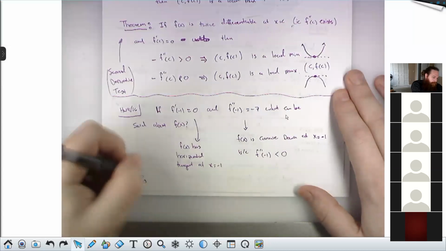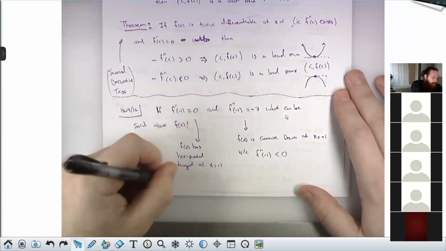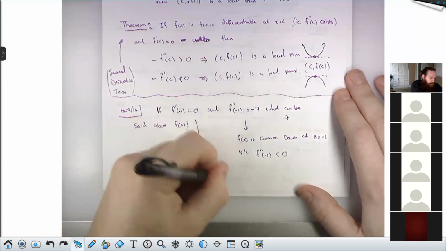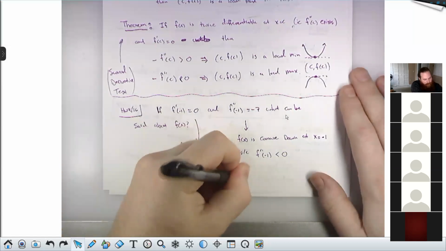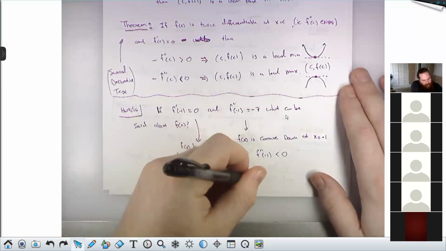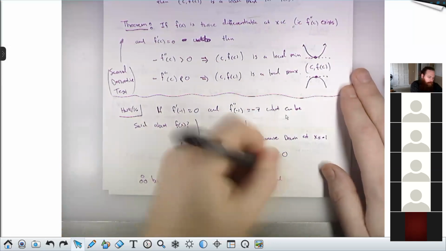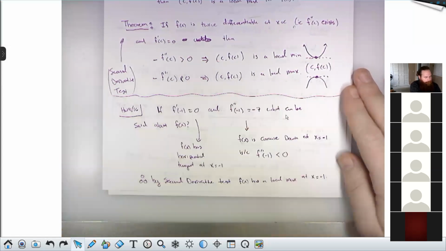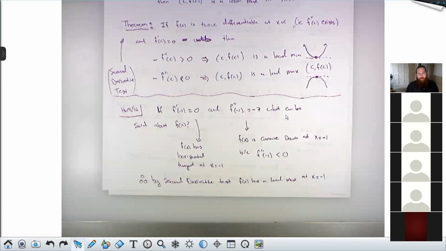So therefore, by the second derivative test, f of x has a local max at x equals -1. I can't say what that max value is because they haven't told me what f of -1 is. But I do know that the point there has to be a local max because we've got a horizontal tangent and we're concave down. Make sense?